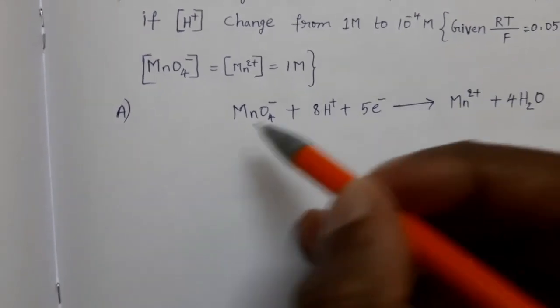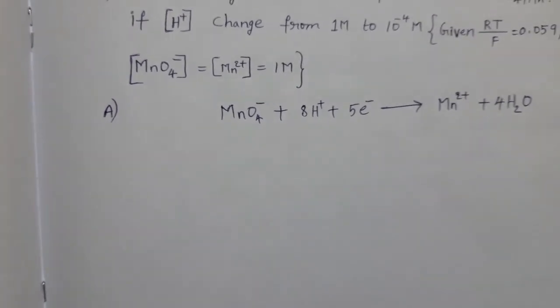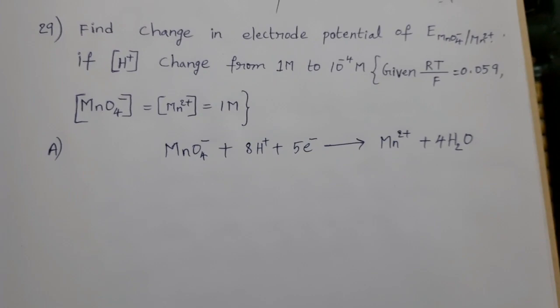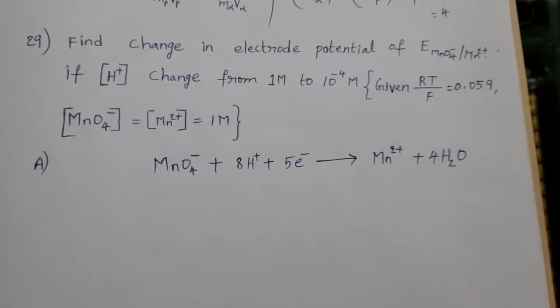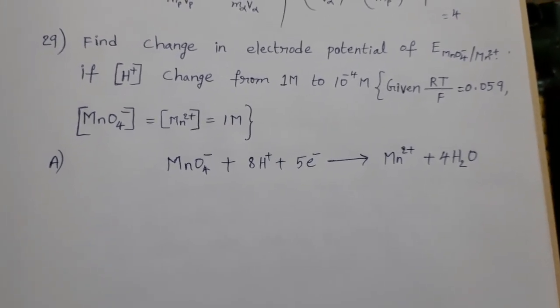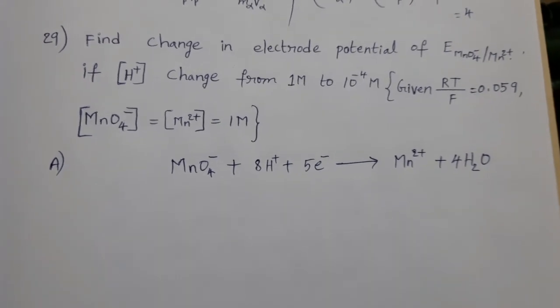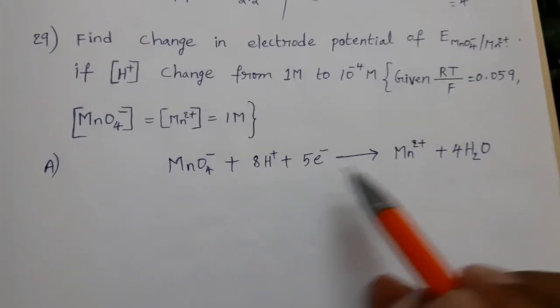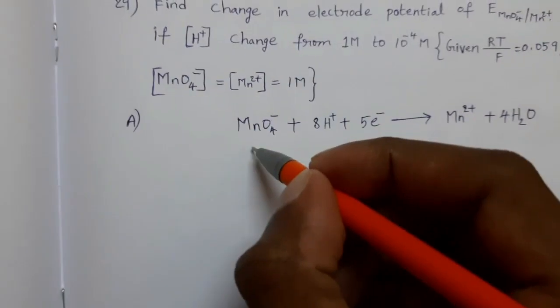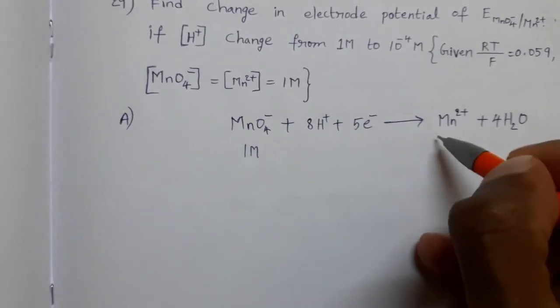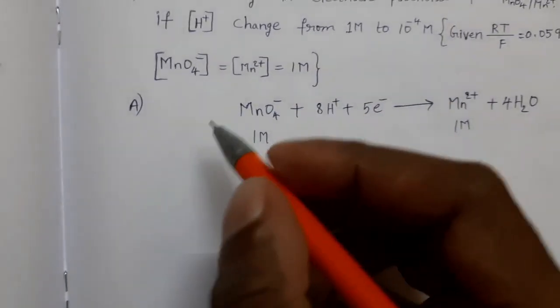So here MnO4 minus is converted to Mn2 plus. Only elements which undergo change in oxidation are represented in this equation. Here in the given condition, this is 1 molar, this one also 1 molar.